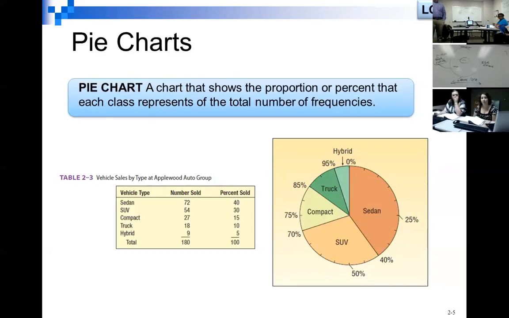Sedan 25. Does our pie chart not match up to that? The 50% is at the halfway point. Like that little tick mark shows the 50%. It's at the halfway tick around here.